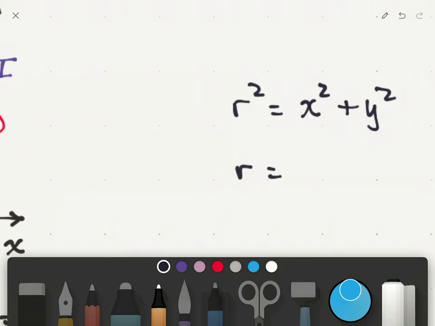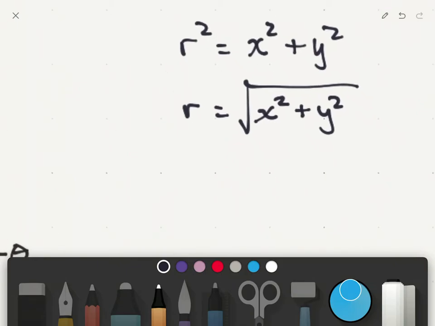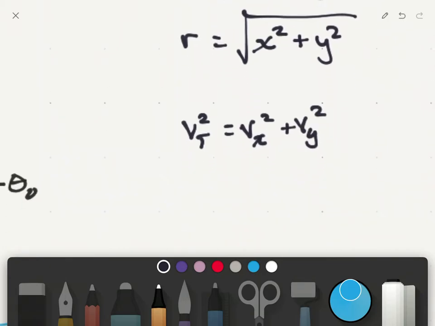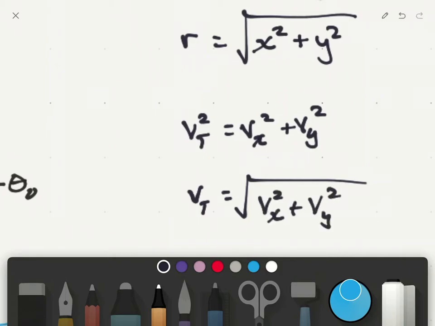So that means that r can be found fairly easily. So this is going to be our distance for r. And we're going to use that same formula on the lower end. Vt squared is equal to Vx squared plus Vy squared. Again, in order for us to find the tangential velocity, we're going to basically have this vx squared plus vy squared. Okay?